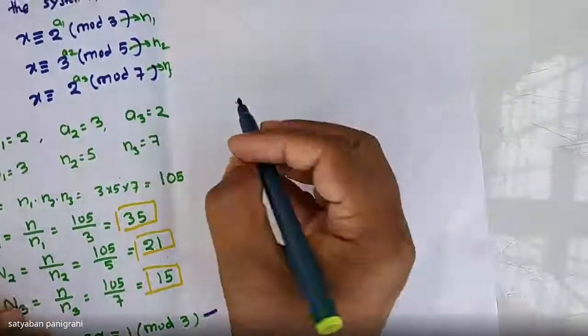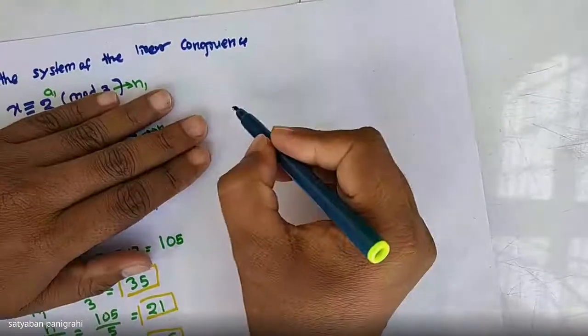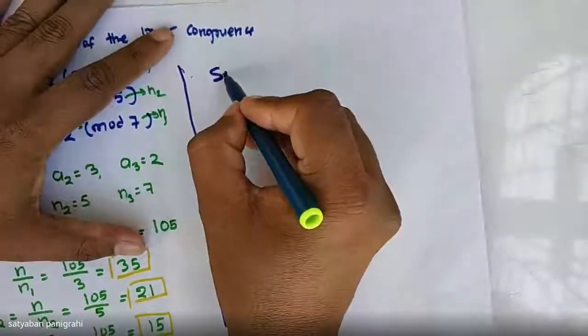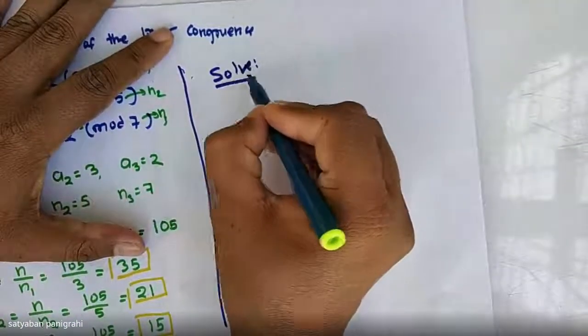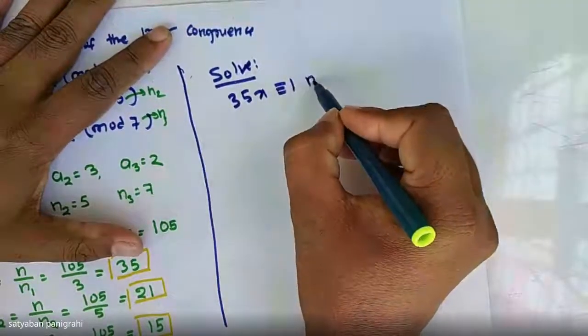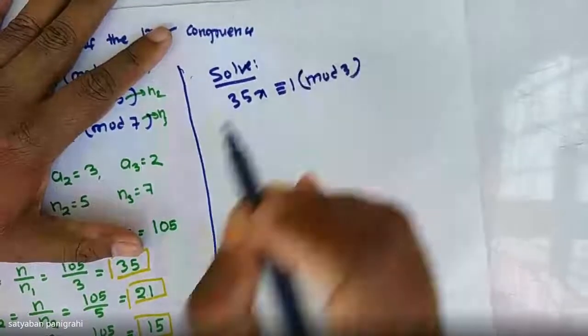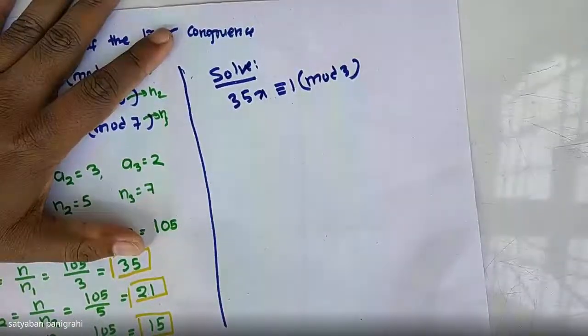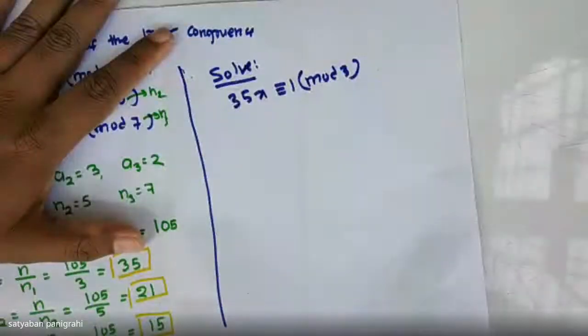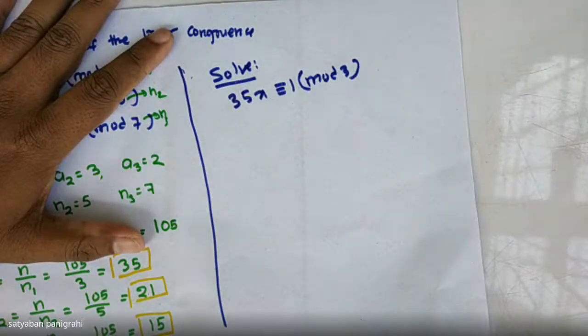Now what do you have to solve here? We have to solve 35x congruent to 1 mod 3. Now solve it. Can you solve it? Last class we already discussed. What is the process?